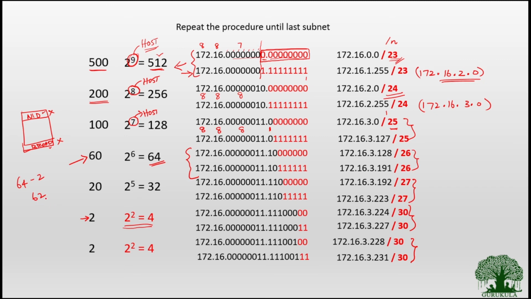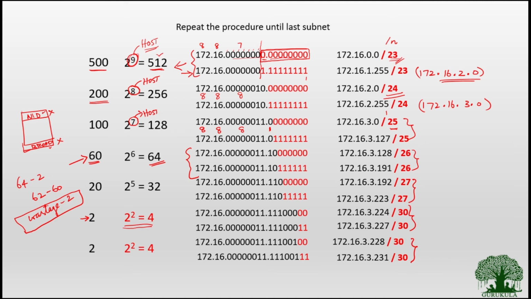So I will be left with 62 IP addresses, and out of those 62, I am going to connect 60 hosts in that network as given in the requirement. So the wastage here is only 2 IP addresses. Only 2 IP addresses will be wasted as far as variable length subnetting is concerned.